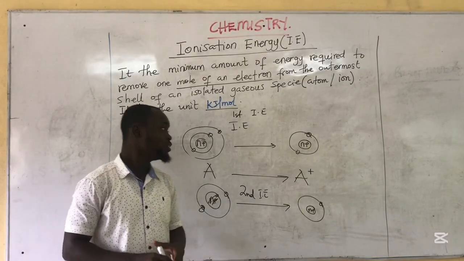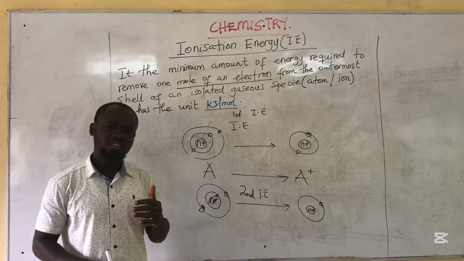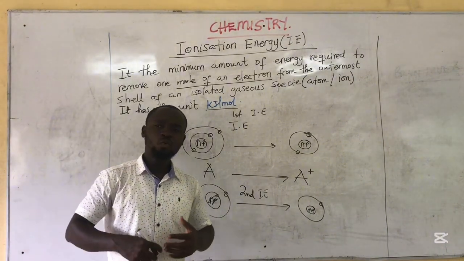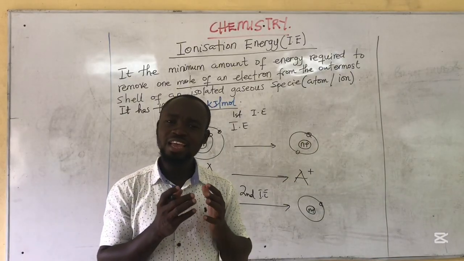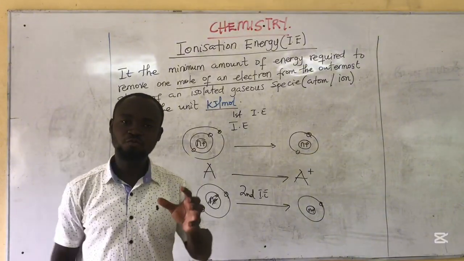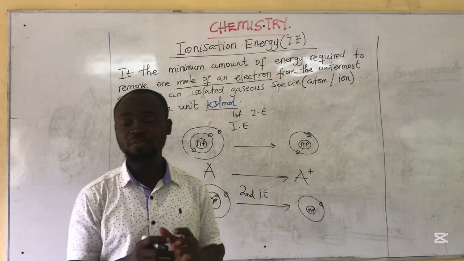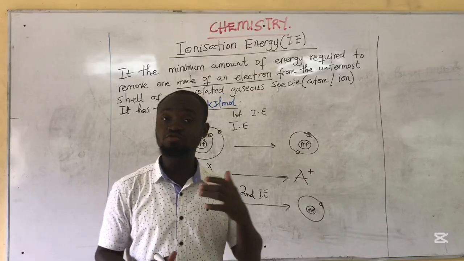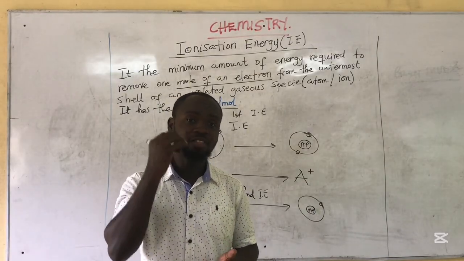So that is ionization energy. But the question here is, what will influence the energy that is required to remove an electron from the outermost shell of an atom? Don't forget that these electrons feel some attraction from the protons in the nucleus.